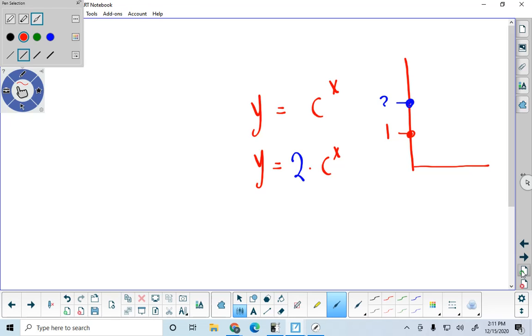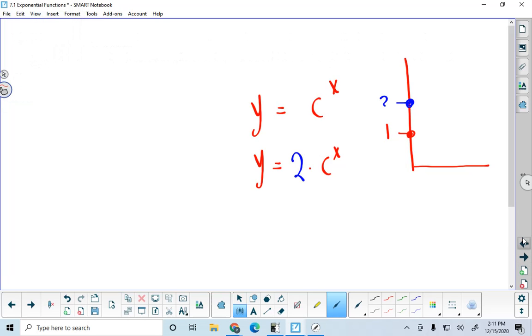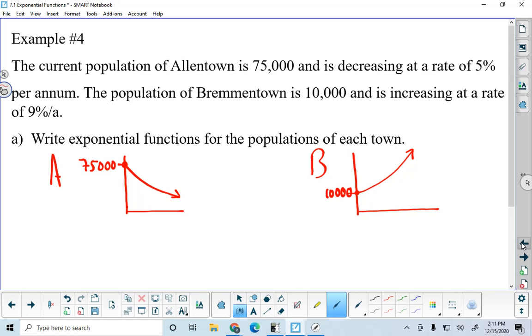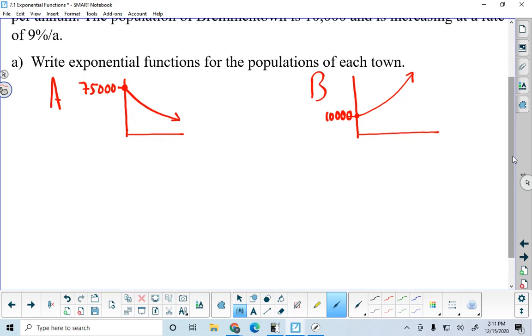We're talking here about a vertical stretch. What I'm kind of leading up to is the fact that we can write some number times c to the x and use the same rules we had for c to the x, except the y-intercept will be a. And what that means is that for Allentown, we are going to have an exponential function that says the population will be 75,000 times some base raised to the t.